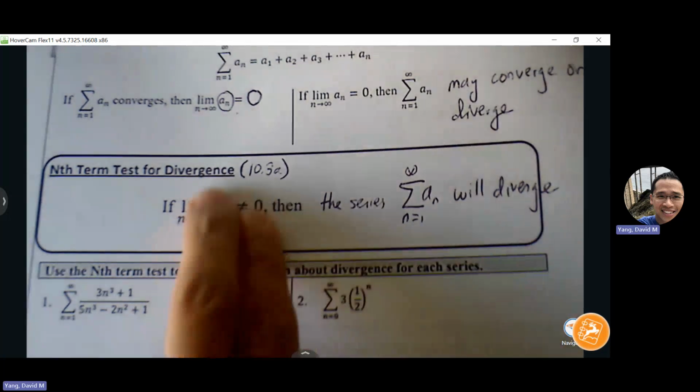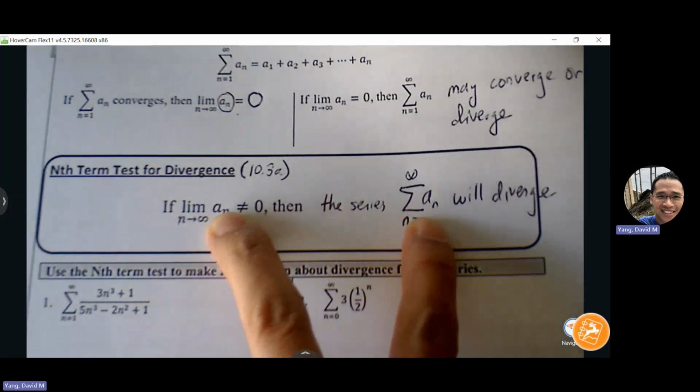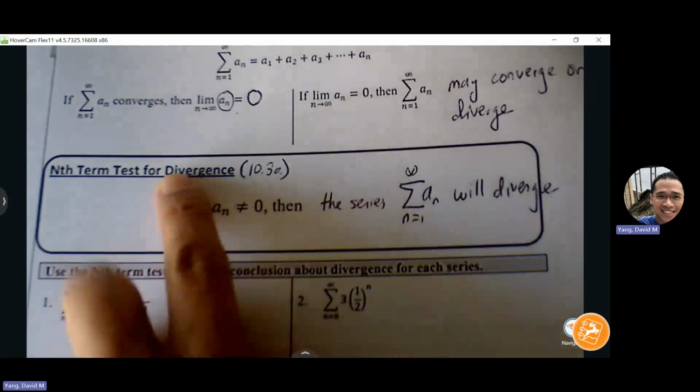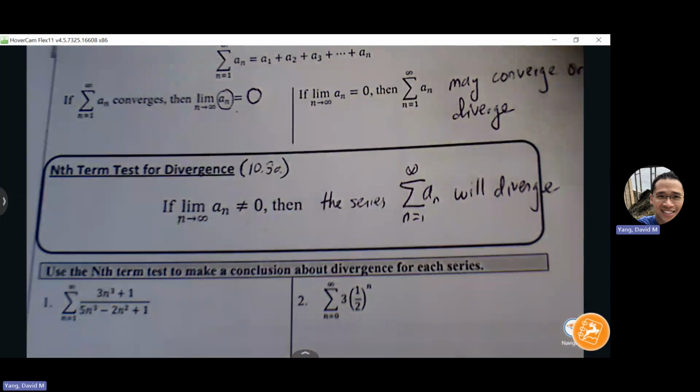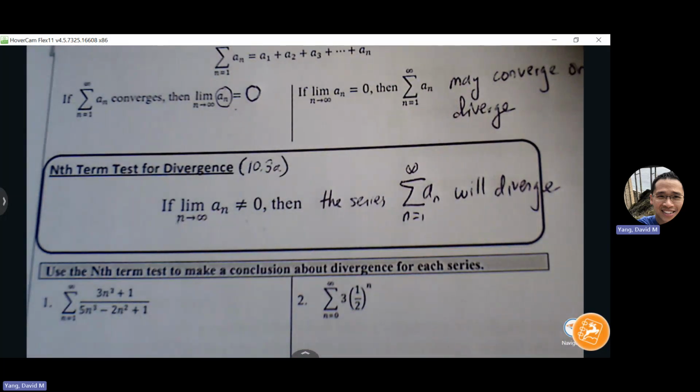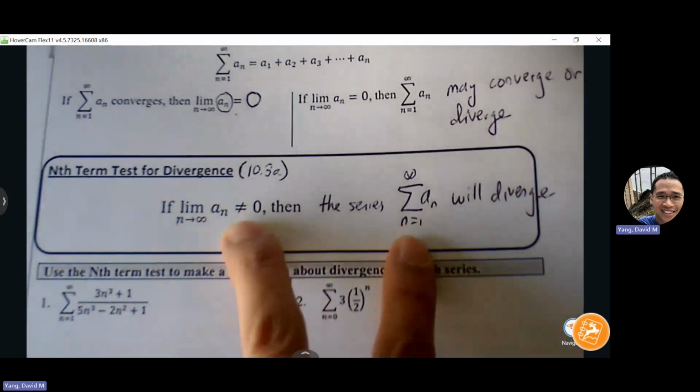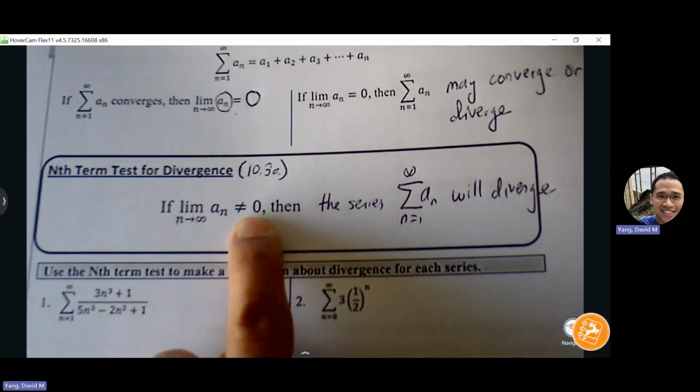So even though this is not a two-way test, this is still a very useful test because it is a quick one to use, a quick one to get through. And if we can quickly show that a series will diverge, it will save us some time. We don't have to go through a whole complicated rule if we can already show that a sub n as n approaches infinity doesn't equal 0.